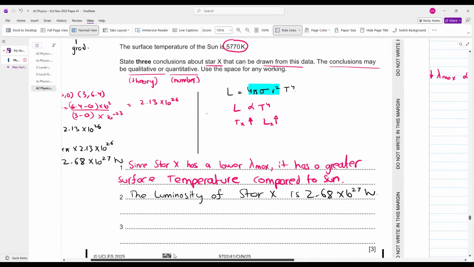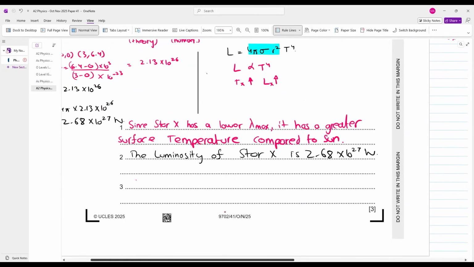You can write it here. You can say since the surface temperature of star X is higher, its luminosity will be greater as well.